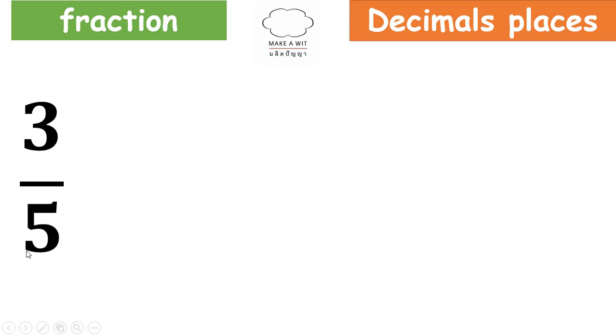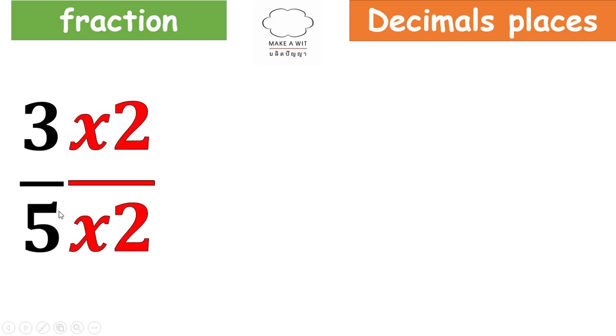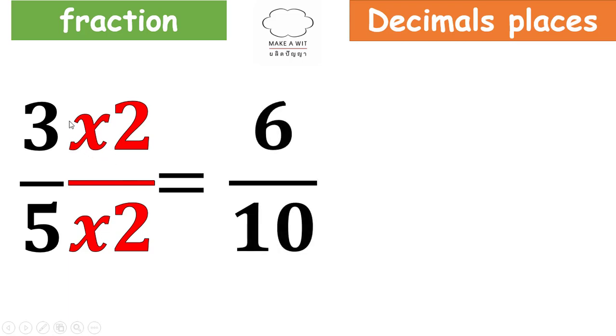And this is number 5, so we have to change number 5 to be number 10. So we have to multiply by 2. It means 5 times 2 equals 10, and 3 times 2 equals 6. So 3 over 5 equals 6 over 10.